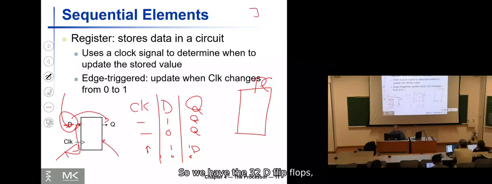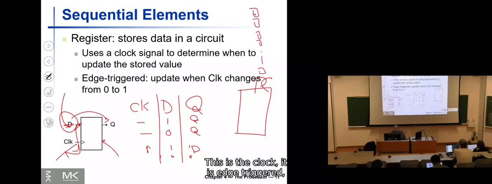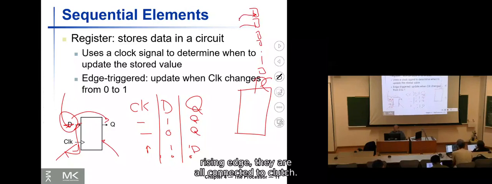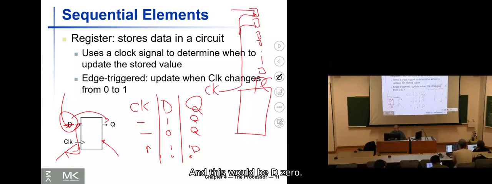So we have 32 D flip-flops. The clock of all of them, this is the clock. It is edge triggered, rising edge. They are all connected to clock, and this would be D0, this would be D1, this would be D2 to D31.